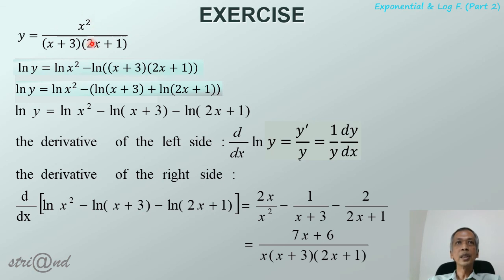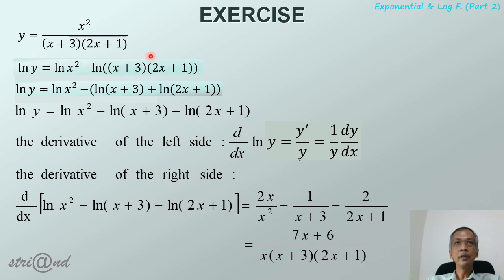Because it is a quotient, the natural logarithm is the natural logarithm of x squared minus the natural logarithm of (x plus 3)(2x plus 1).